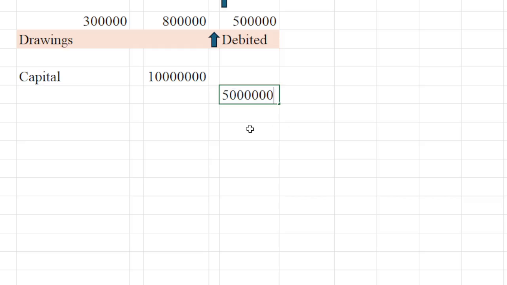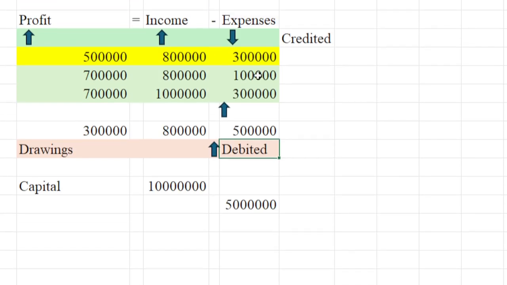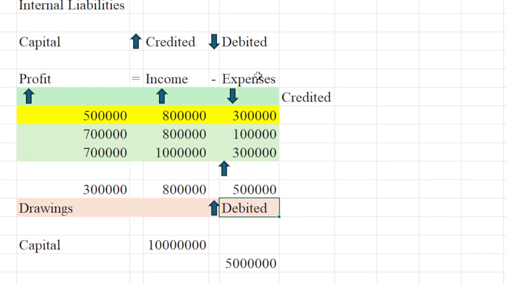Then is the obligation increased or decreased? The obligation decreased to the extent of 50 lakhs, which is drawn back by the owner. Therefore, we debit the transactions whenever drawings occur in the business. This is how the debit and credit rule fundamentally applies.